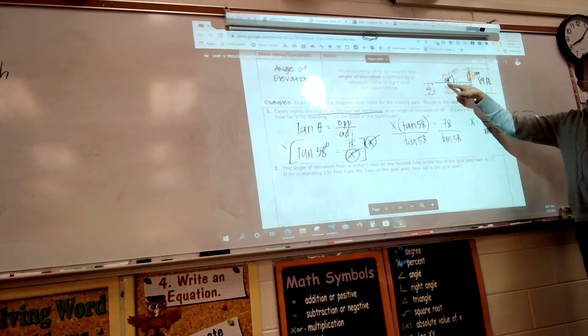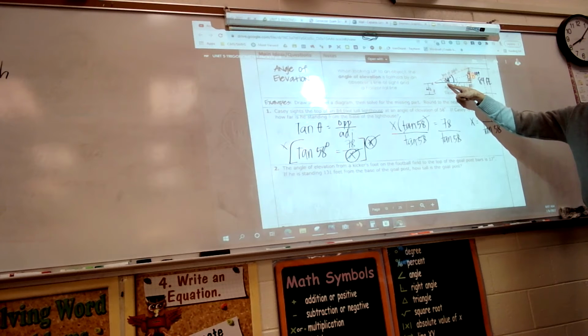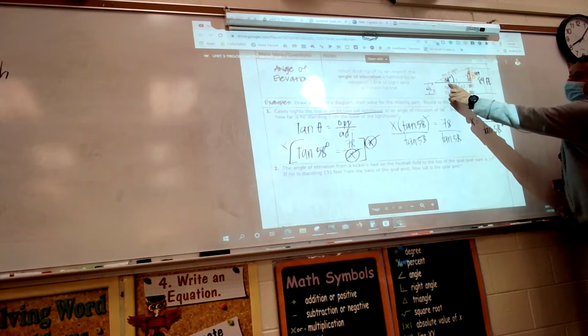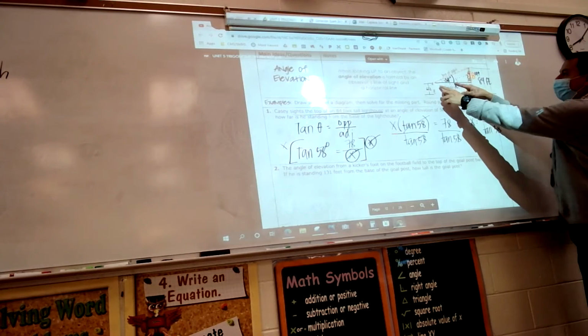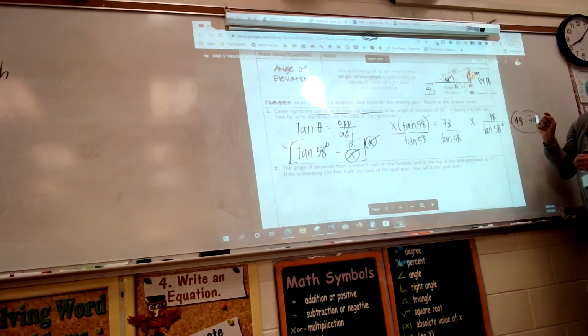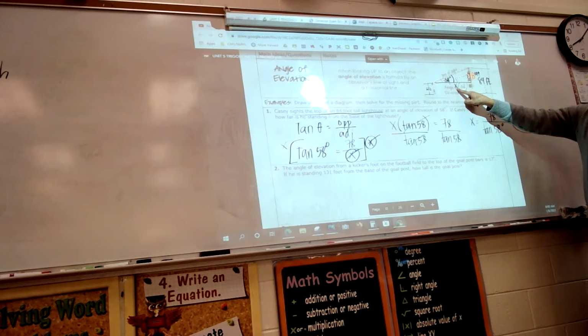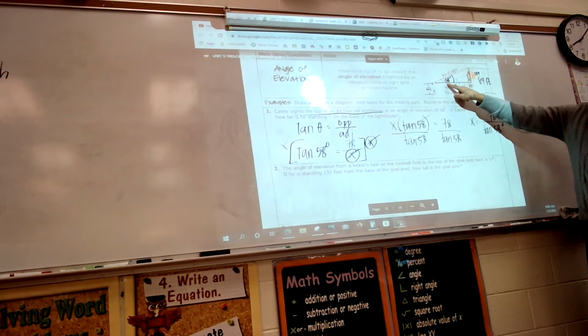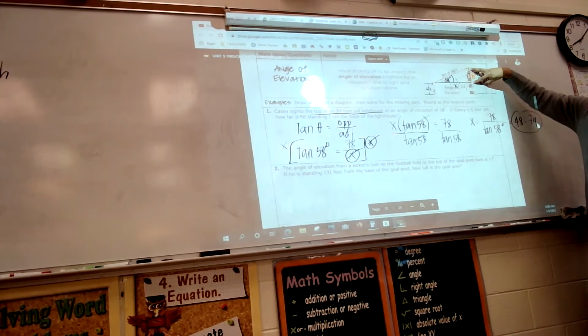Correcto. 58 va a ser mi ángulo de referencia. Yo ya tengo esta información. Entonces, tengo que nombrar todo lo que yo tengo acá. Si este es mi ángulo de referencia, ¿cómo se llama este lado?